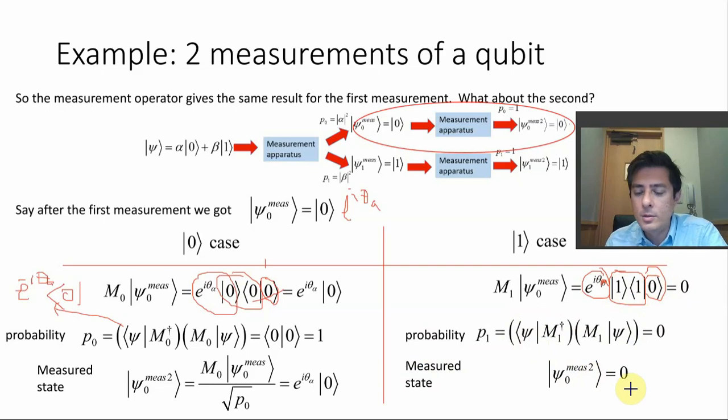So the measured state is also 0. Everything here is basically just 0, and that's consistent with what we said here, because if we got 0 the first time, then with 100% probability we also get 0 on the output here. Another way to say that is that there's 0% chance of getting the other outcome, and that's basically what this is saying here.